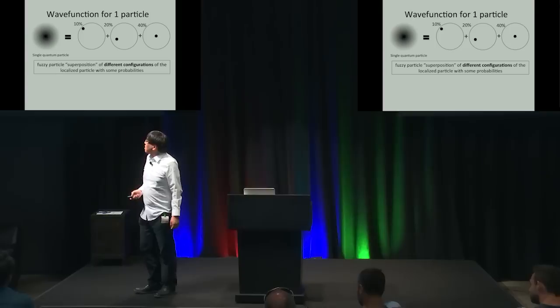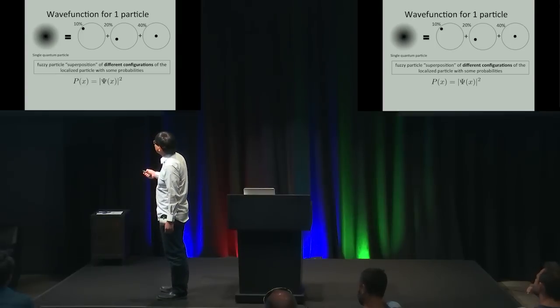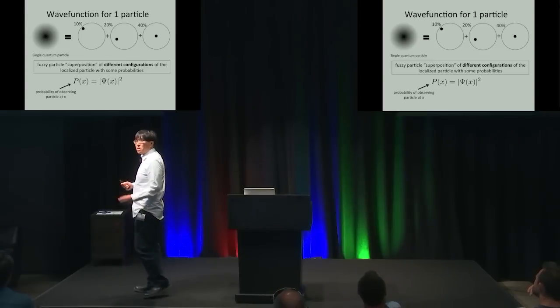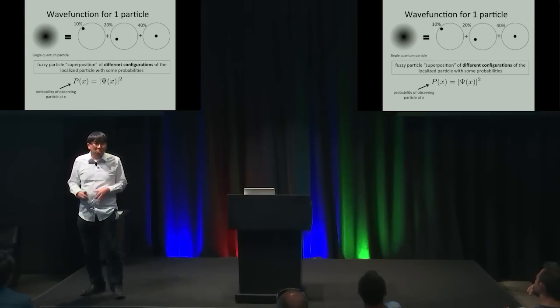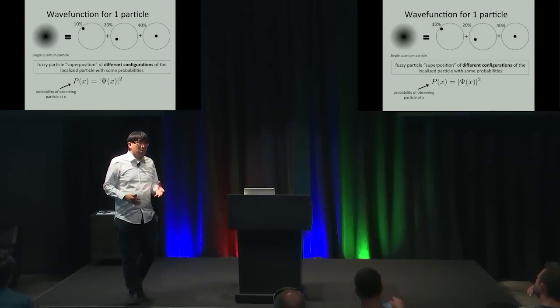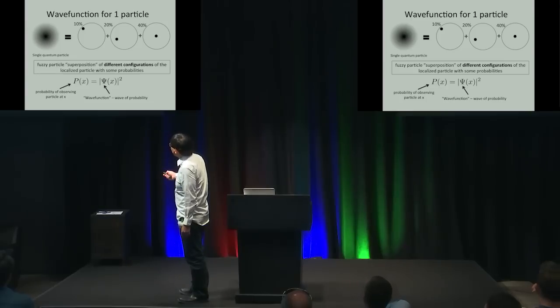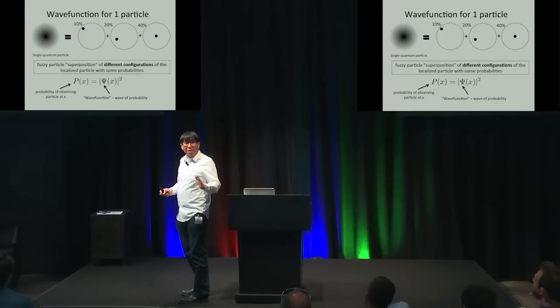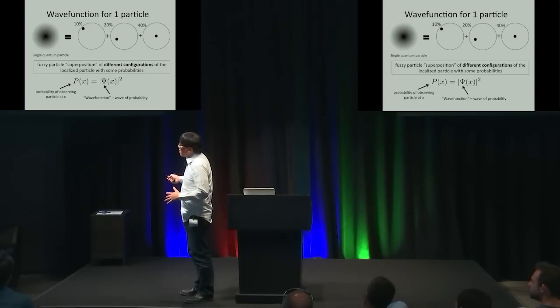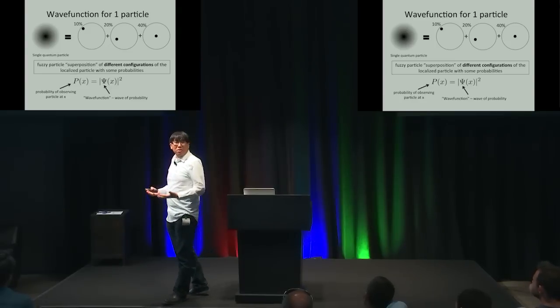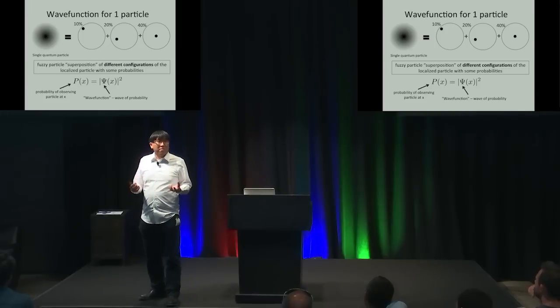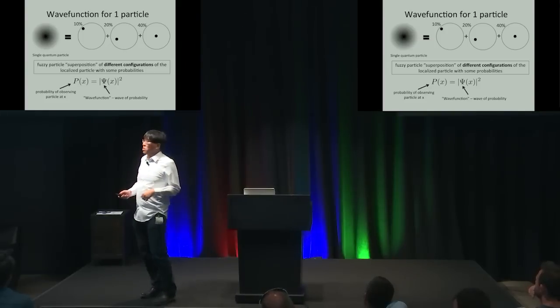And I can write down a probability density for observing, say, the particle here or here or here. And this probability density is just one step removed from the most fundamental object in quantum mechanics, which is the wave function, which is the quantity on the right-hand side. And so this wave function is the mathematical object that behaves a bit like a wave, but it really is a wave of probabilities of different measurements. That's the wave that is being propagated in the equations.